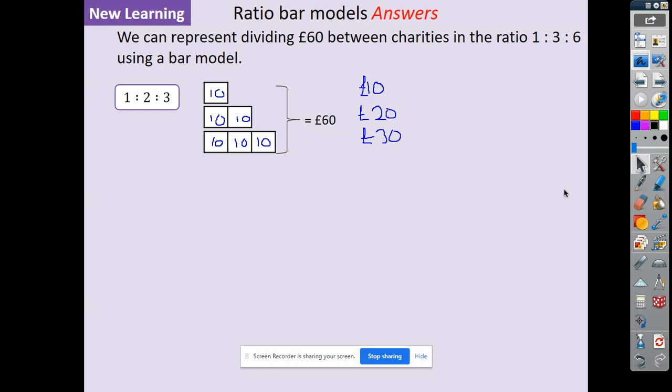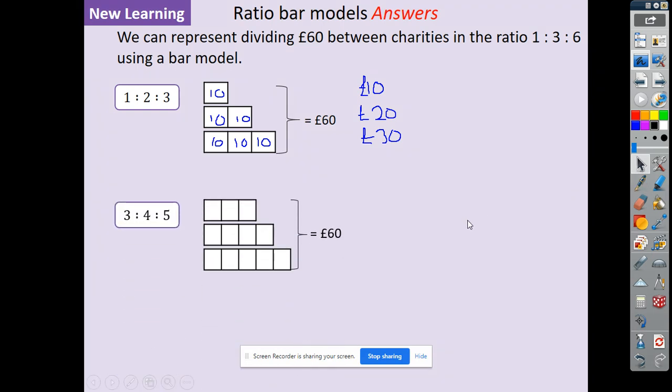Okay, so let's have a look at the next ratio that we gave you. So it was 3 to 4 to 5. So I've got 1, 2, 3, 1, 2, 3, 4, and 1, 2, 3, 4, 5. Okay, so what is my ratio this time? Sorry, it's 3 to 4 to 5 is your ratio.